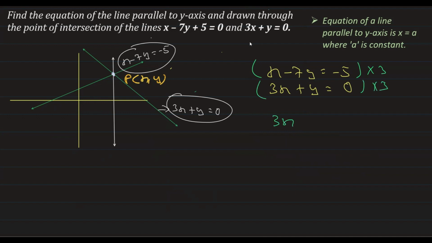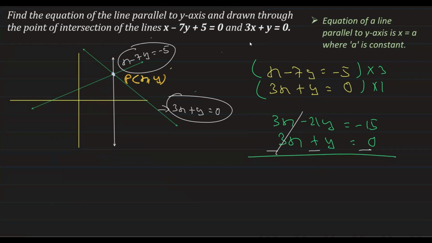This is 3x minus 21y is equal to minus 15. The other one is 3x plus y equals 0. I'm eliminating x, right? On subtracting these two equations, the 3x gets cancelled. So what we are getting is minus 22y is equal to minus 15.